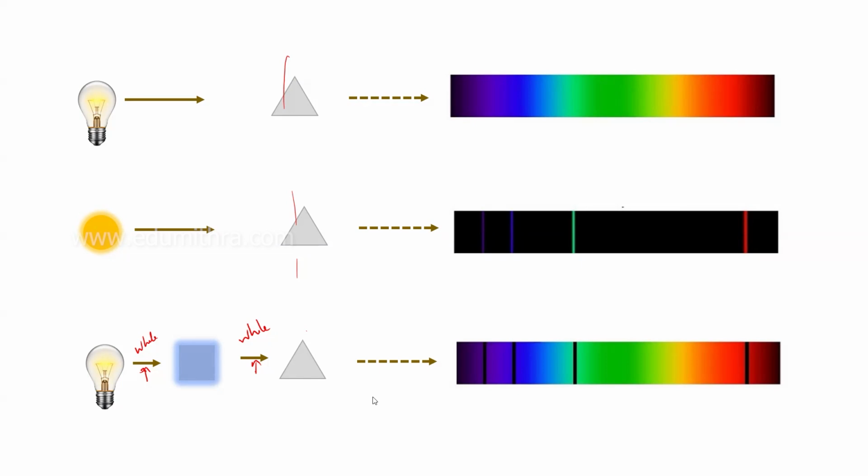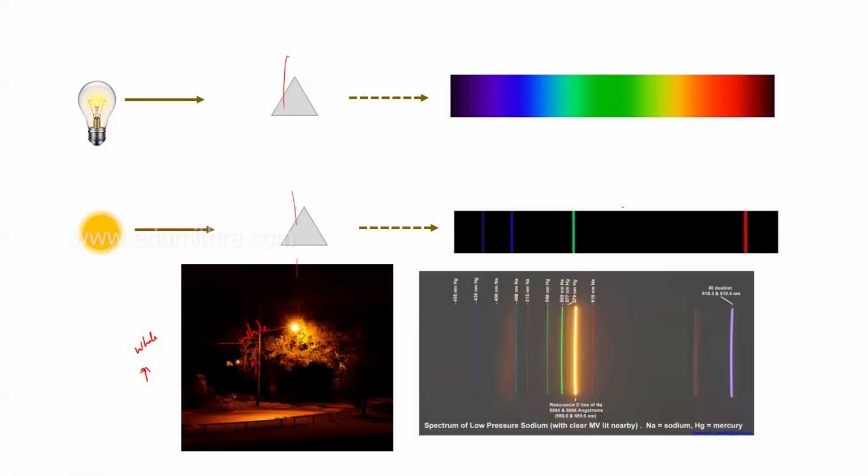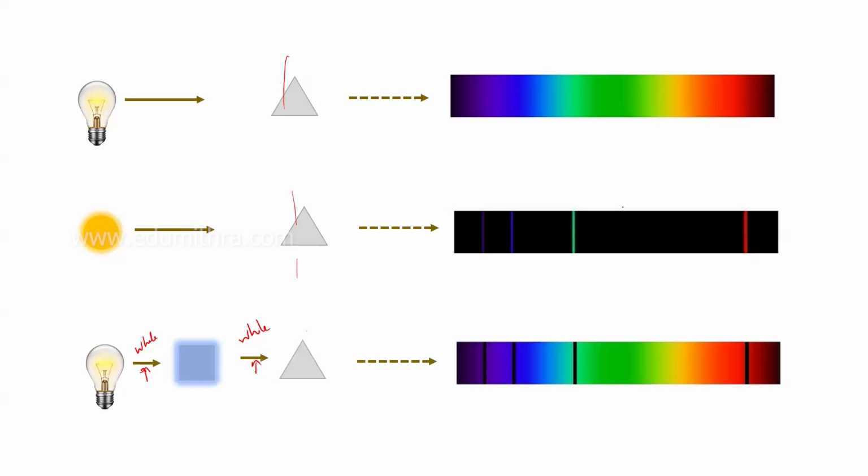And I couldn't understand the second picture of the slide you have shown. Which one? The sun and the prism one. This is not the sun again. I have mentioned that in the slide.